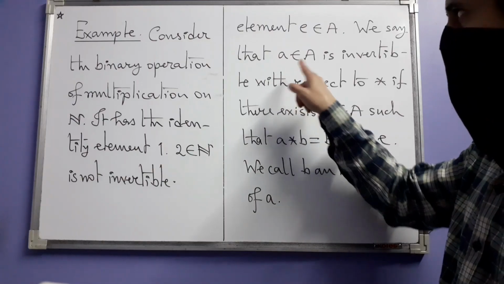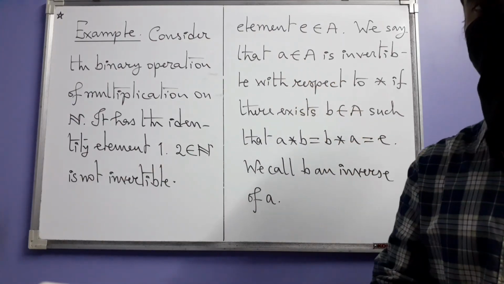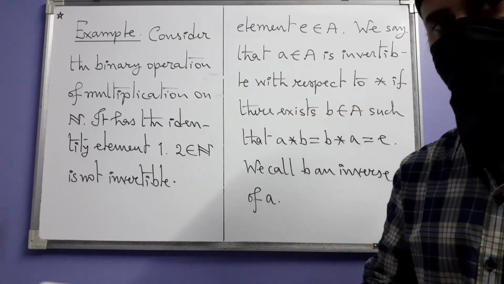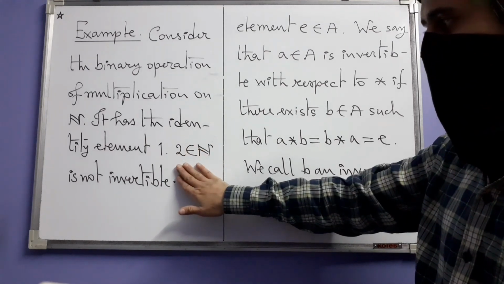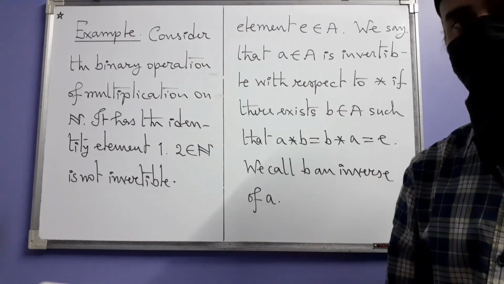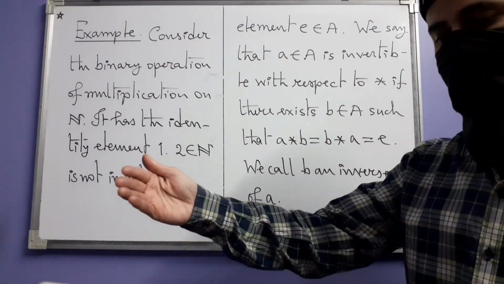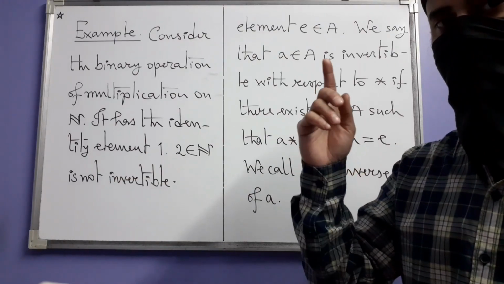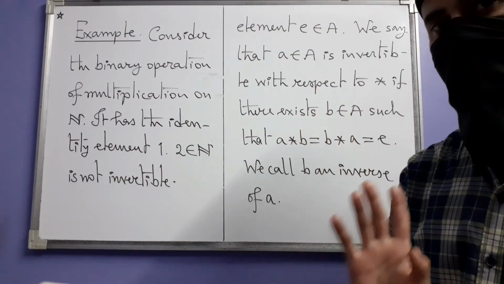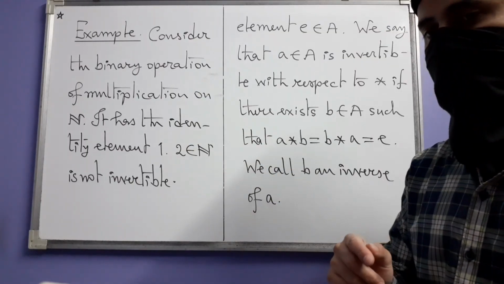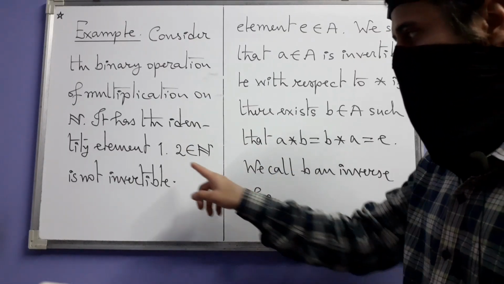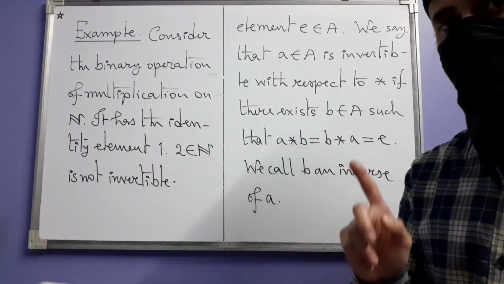If a is 1, then you can take b also to be 1. 1 is its own inverse. So this situation is exactly the opposite of that one. There, every real number except 0 is invertible. Here, every natural number except 1 is not invertible.